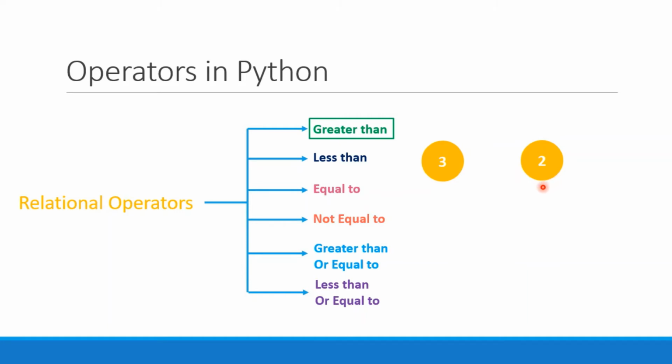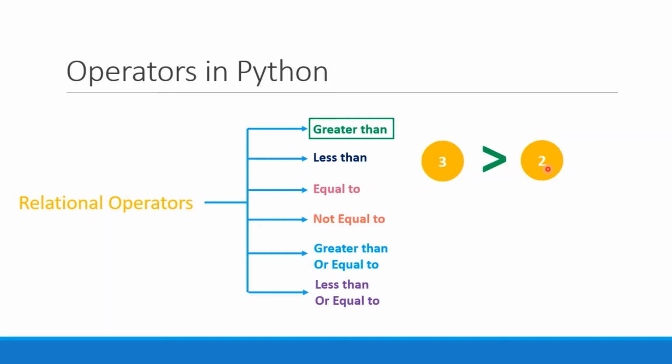For this purpose I can use this symbol. This symbol is used for the greater than operator. Whenever you have to perform the greater than operation, you will use this symbol. It will check if 3 is greater than 2 or not. And remember one thing, relational operators always give answers in two forms.